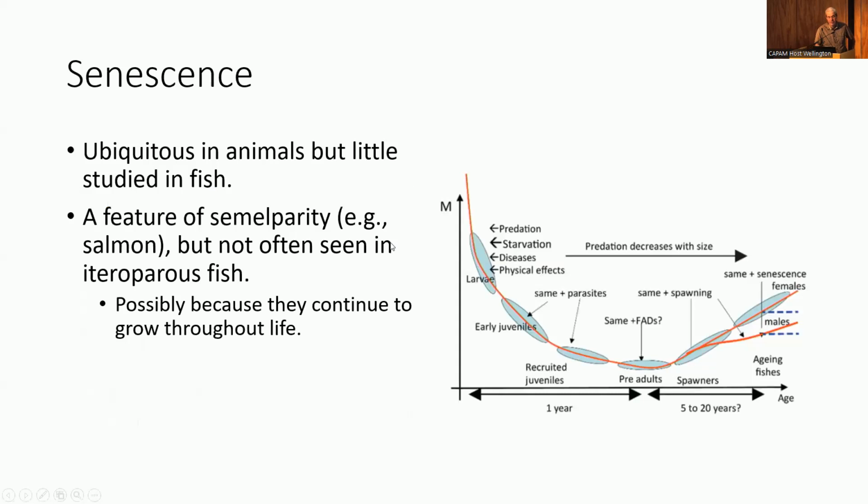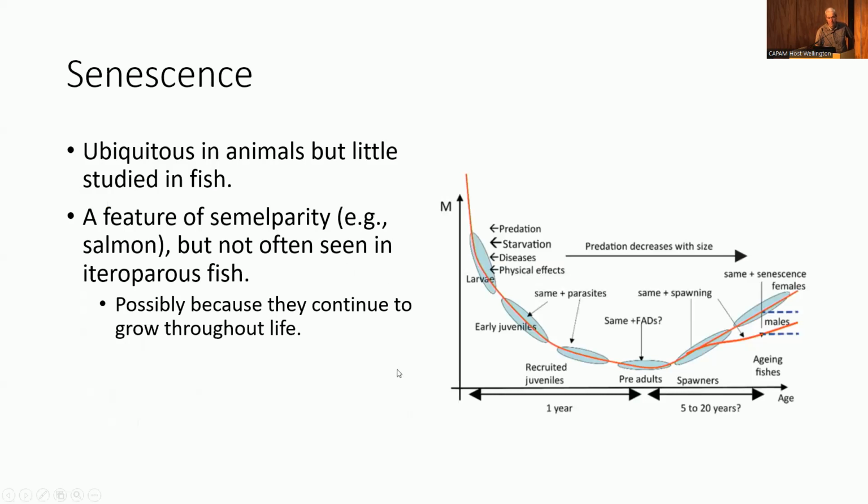It is obviously a feature of semelparous fish like salmon, but it's not often seen and not often identified in iteroparous fish like tunas. There have been some studies in gobies where they have found senescence, but it's generally found at ages that are much, much older than any fish would survive in the population based on the rates of natural mortality that they observe in those populations.